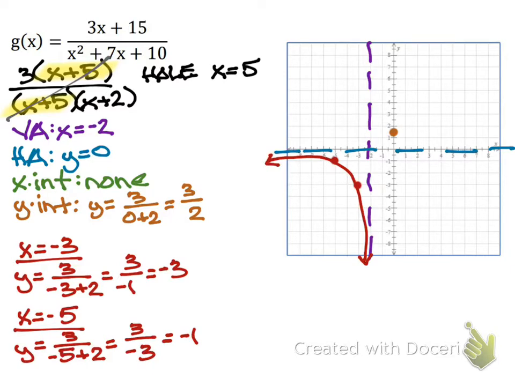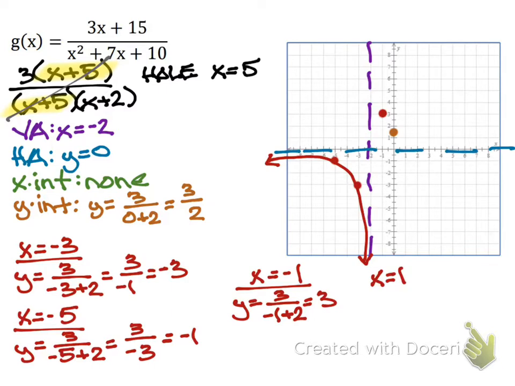Let's check and see what happens when x equals -1. When x equals -1, my y value is 3. And then let's check a +1. So x equals +1. When x equals 1, y equals 1.